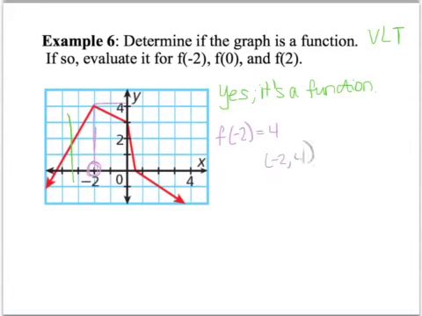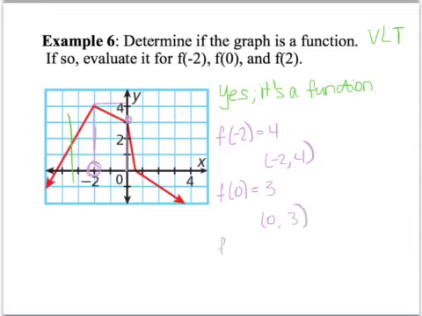Another example, what is my output when x is 0? So think about it as if x is 0, what is my y-coordinate? So I go to where x is 0, and I go to where it's on the graph when x is 0. And you should see then that it hits 3. So I have the point 0, 3.